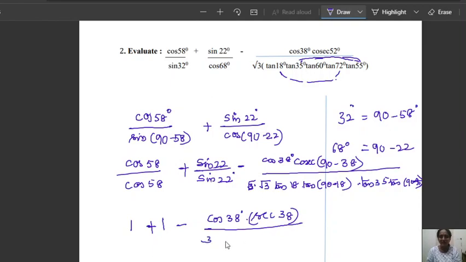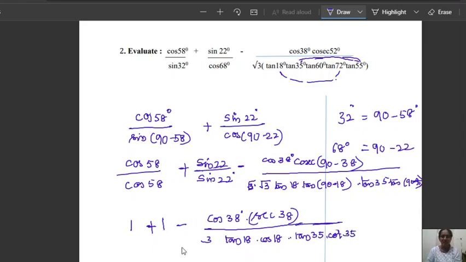Now tan 18 into cot 18 it is 1. Once again tan 35 into cot 35 it is 1.